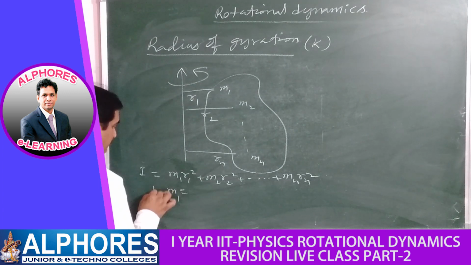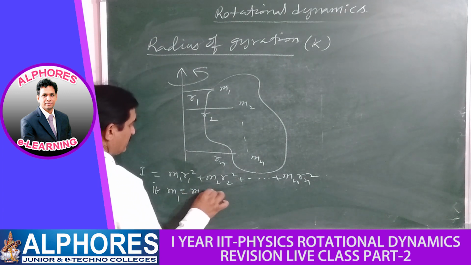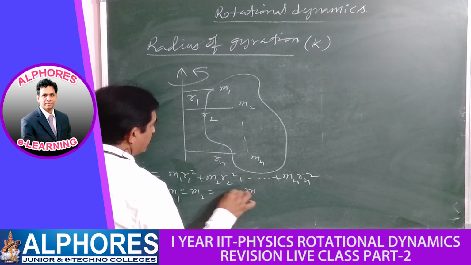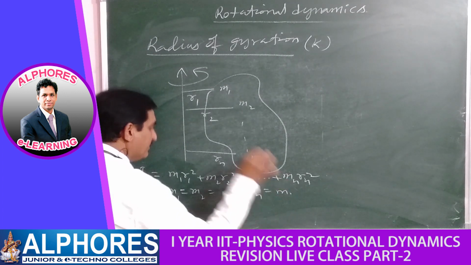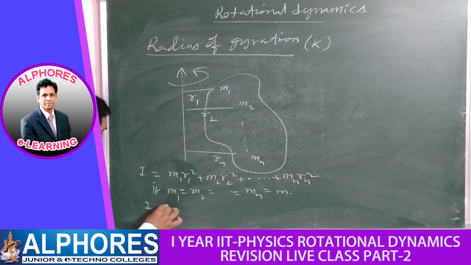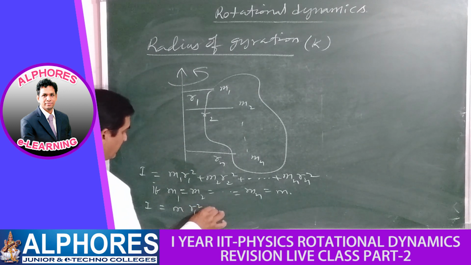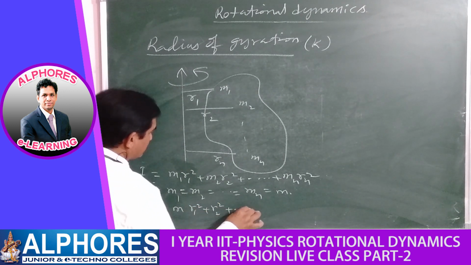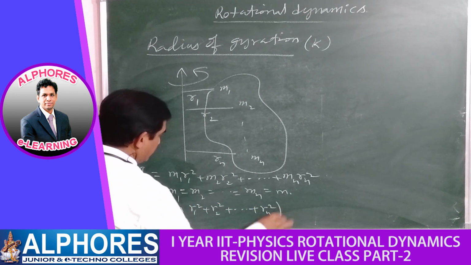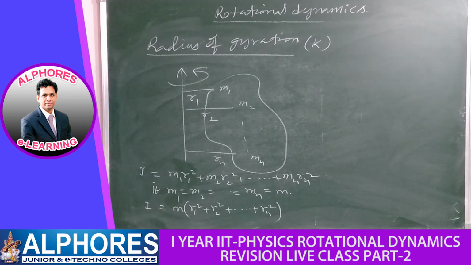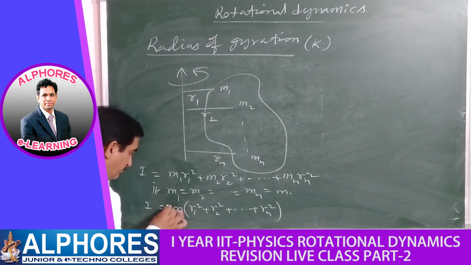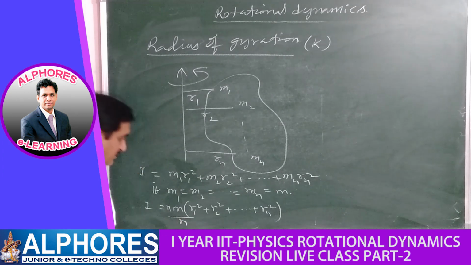If m1 is equal to m2 is equal to so on mn is equal to m, now I is equal to m times r1 square plus r2 square plus so on rn square. So it is multiplied and divided by n.